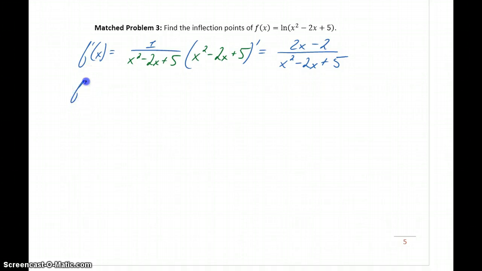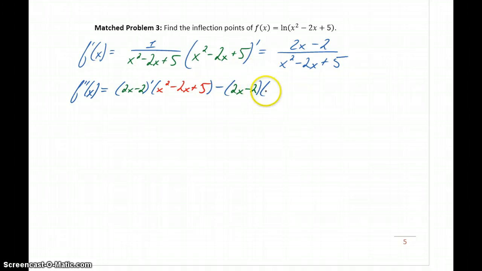So now we need to find the second derivative of this function, and in this case the only way to do that is to apply the quotient rule. So we're going to start off with the derivative of the function in the numerator, the derivative of the first function, times the second function, minus the first function times the derivative of the second function.